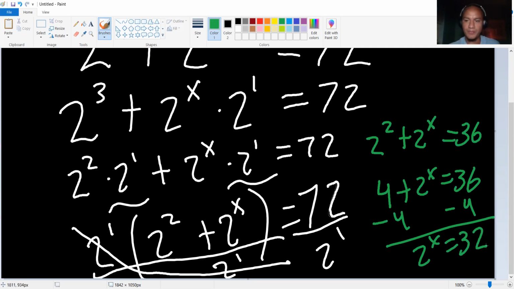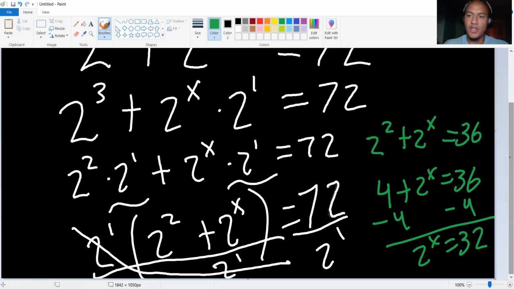I think that they can give you a calculator regarding logs, but if they didn't, you should know that 2 times 2 times 2 times 2 times 2 gives you 32.